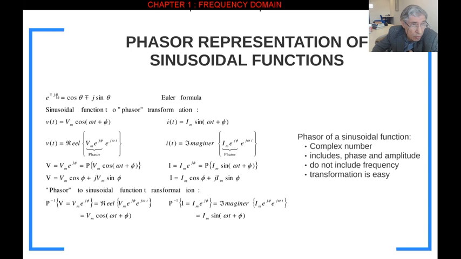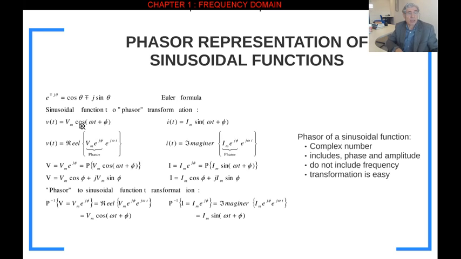If you expand it with the Euler formula, you end up with Vm cosine(omega t plus phi) plus j Vm sin(omega t plus phi). If we take the real part of it, you end up with the original function.